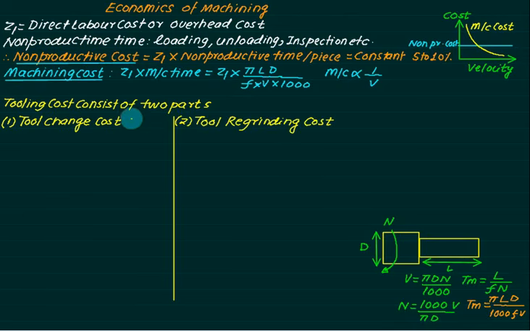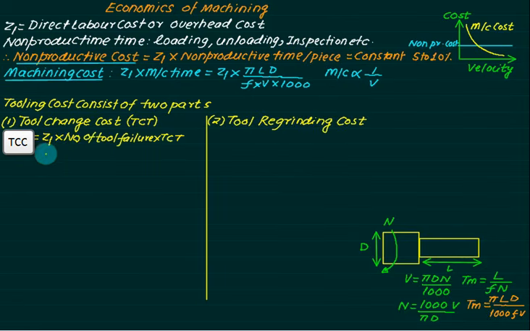In short form we'll write this as TCT, and so the tool change cost is simply equal to the direct labor cost Z1 multiplied by the number of tool failures. How many times will the tool fail? 1 time, 2 times, 10 times. Multiplied by the tool change time, where TST stands for tool change time.